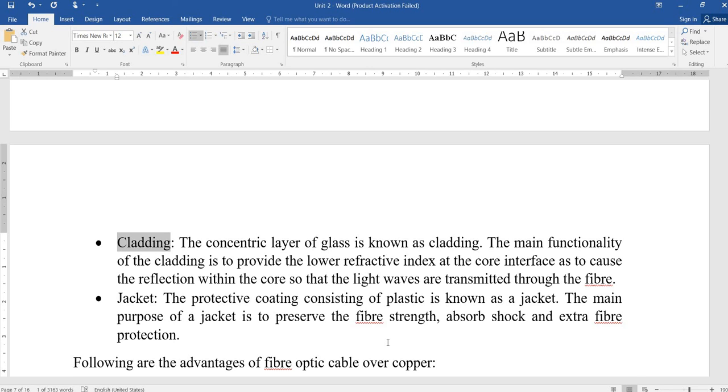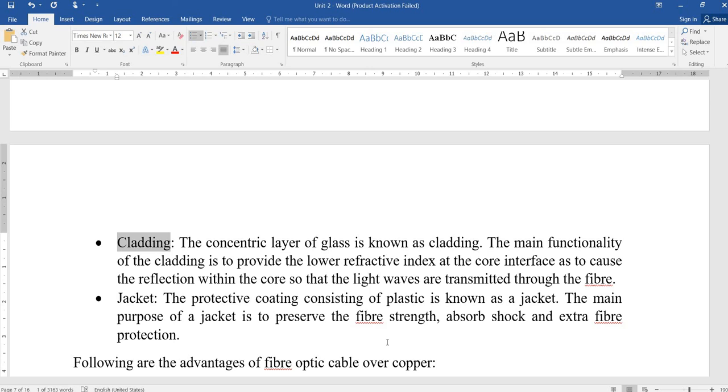So that's why we have a cladding, to have a low refraction rate at the core interface so as to cause the reflections within the core as the light waves are transmitted through the fiber. So this scattering control is very important to reduce the error at the destination.